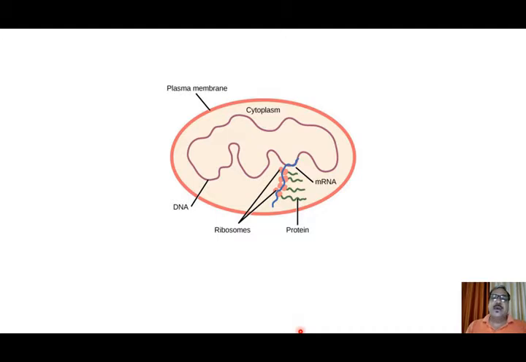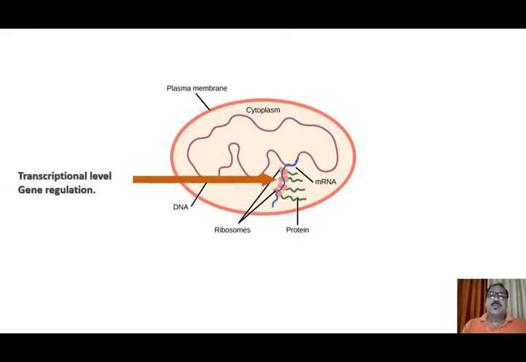So, the primary method to control what type of proteins and how much of each protein is expressed in a prokaryotic cell is the regulation of DNA transcription. All of the subsequent steps automatically follow. Thus, in prokaryotic cells, the control of gene expression is mostly at the transcriptional level.